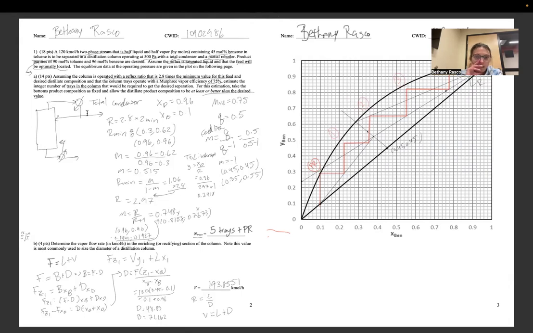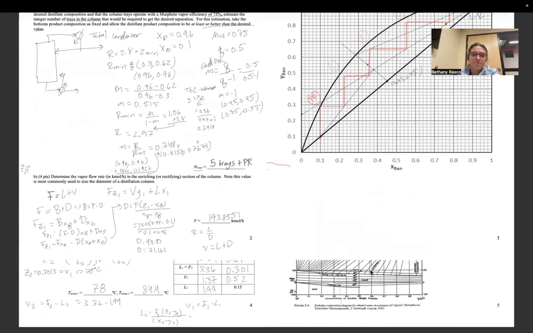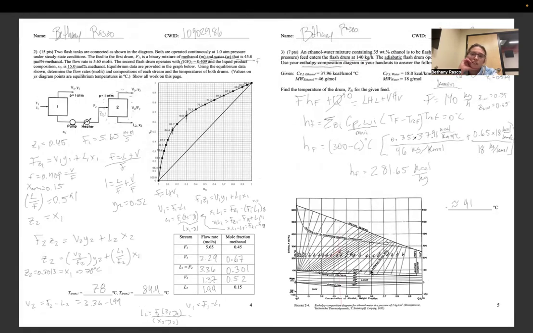And then I found that the reflux is L over D. I got that equation from my notes, and then I plugged it in and I got 193.8551.